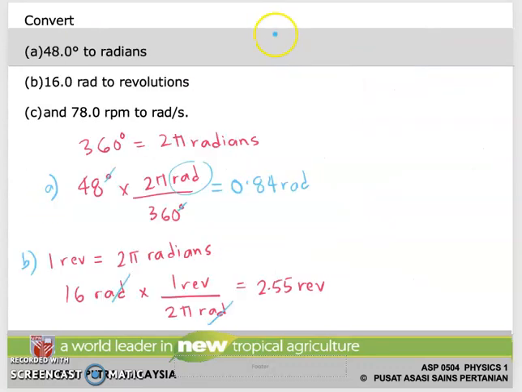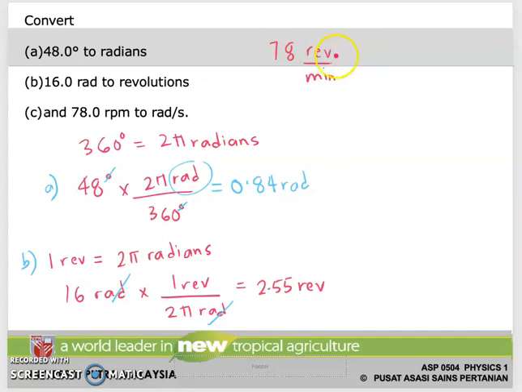Now we want to convert 78 RPM. Oh, I don't like this color. Can't see. Let's use pink. So 78 RPM. What is RPM? It's revolutions per minute. Let me write that like this so it's easier for me.